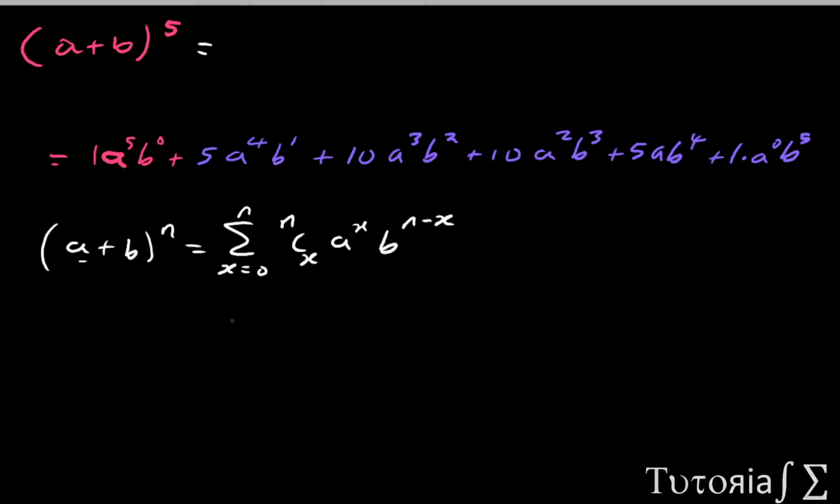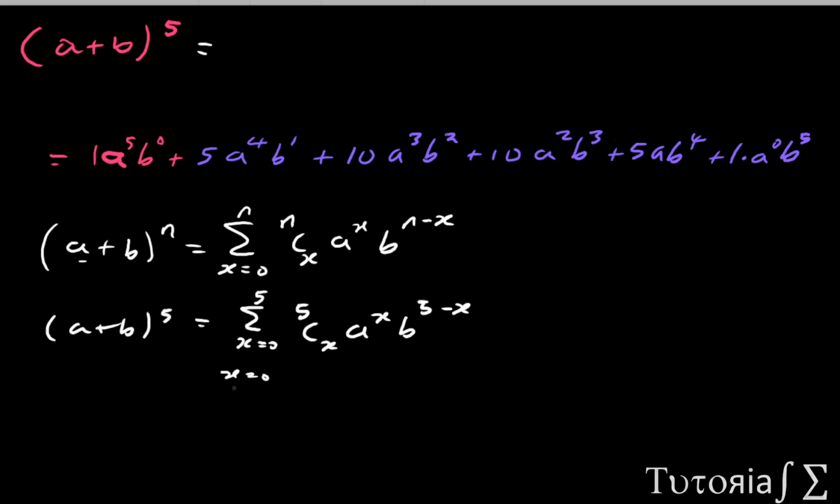So when we have a plus b to the power 5, this will be summing x from 0 to 5. Then our n here will be 5, so 5 choose x, then a to the power x, b to the power 5 minus x. Then we'll start moving from x equals 0, x equals 1, x equals 2, x equals 3, until we reach x equals 4, x equals 5.